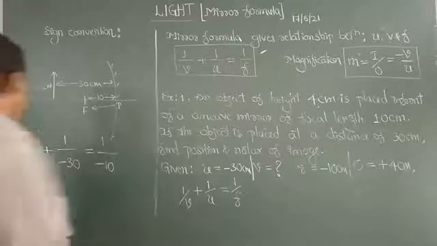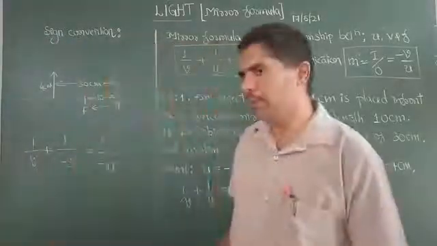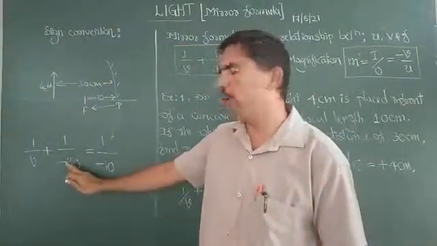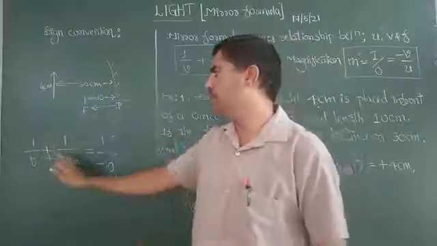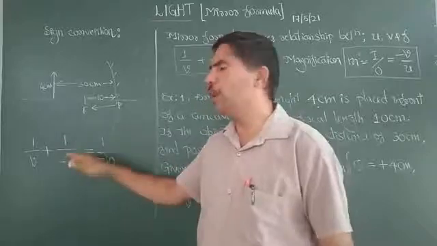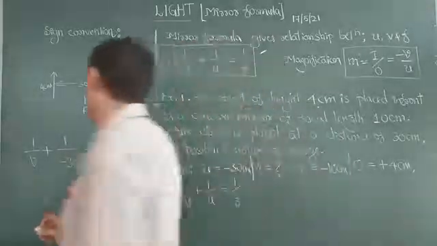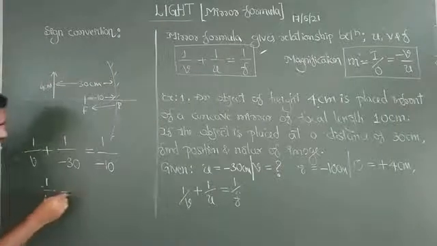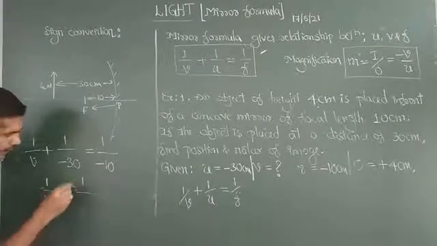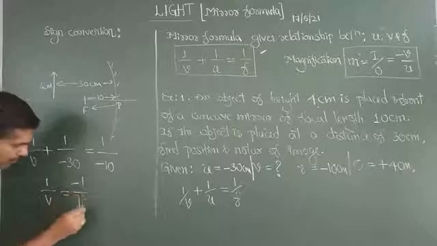Be very careful and take it simple. Minus in the denominator can be taken in the numerator also. Keep that in mind. So plus becomes minus. So don't worry much about that. Now I can have 1 by v equal to 1 by minus 10 or minus 1 by 10, both are same.